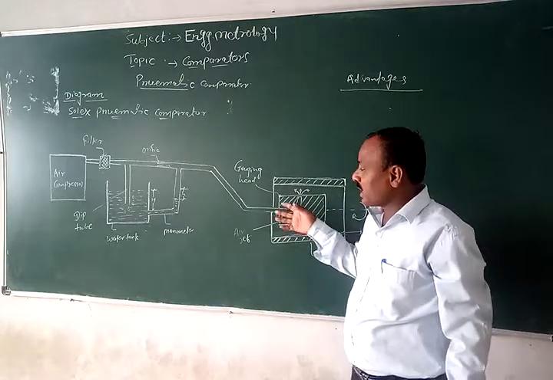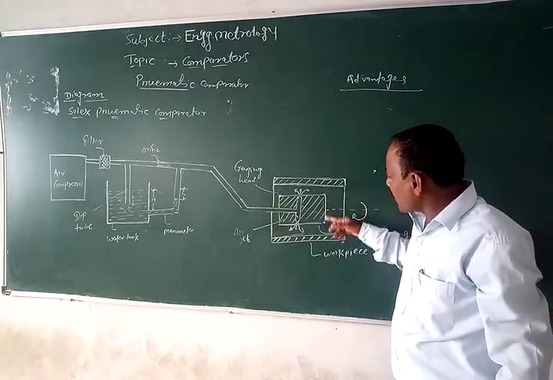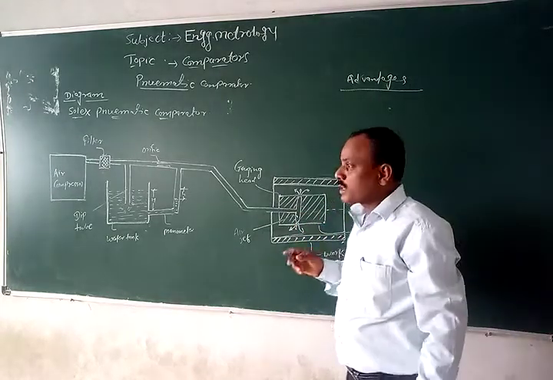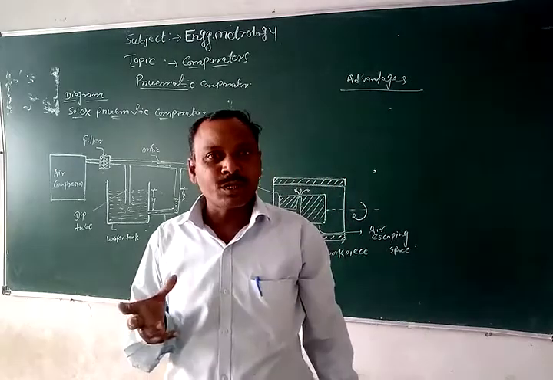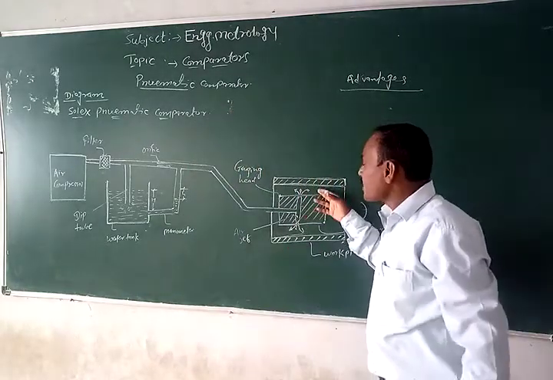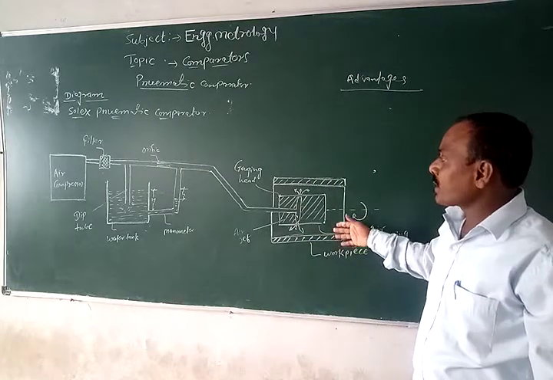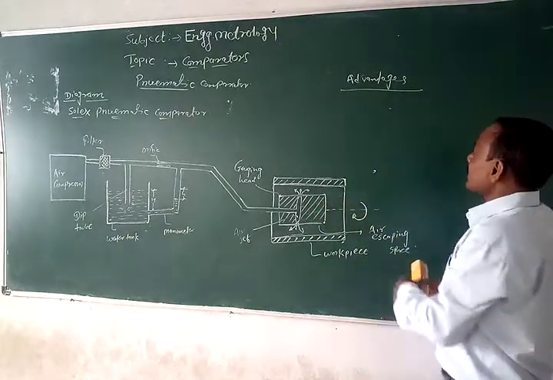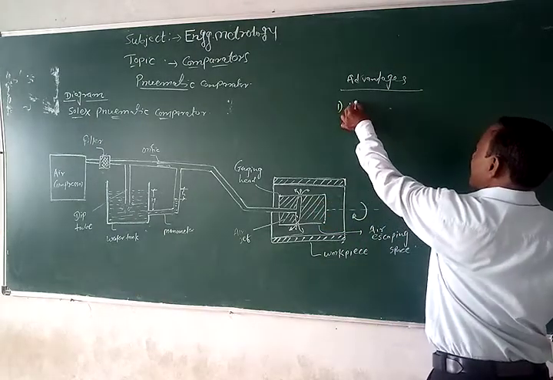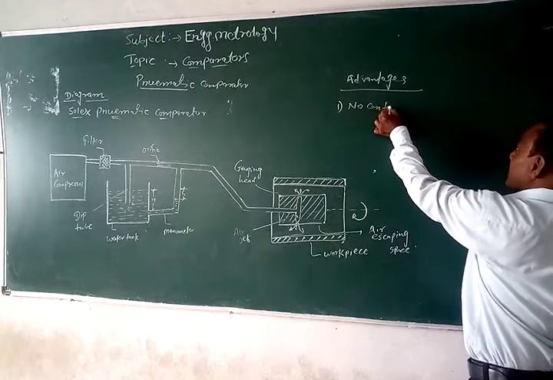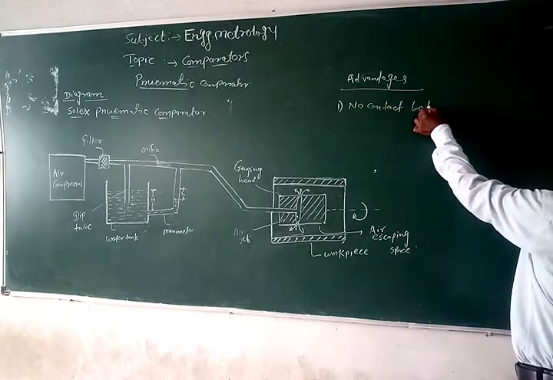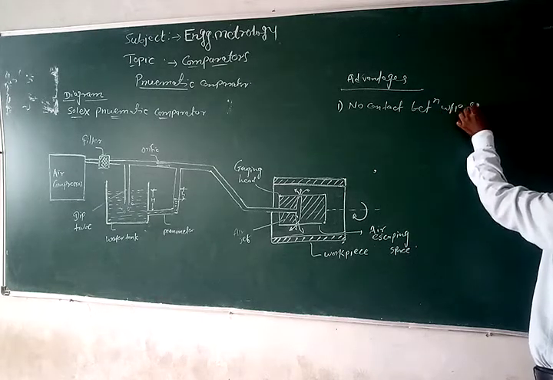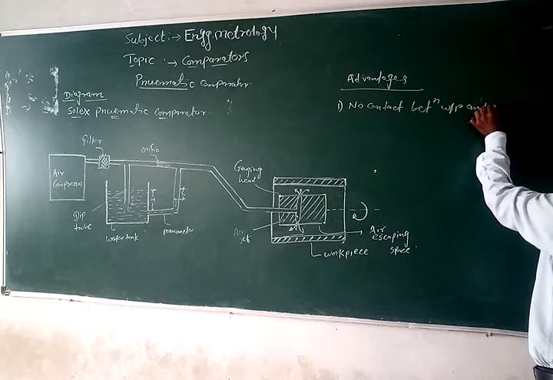Because there is no contact, there is no change in dimension, and no surface or excess pressure comes on it. That means there is no contact pressure between the workpiece and gauging head. This is the first advantage: no contact between workpiece and gauging head.